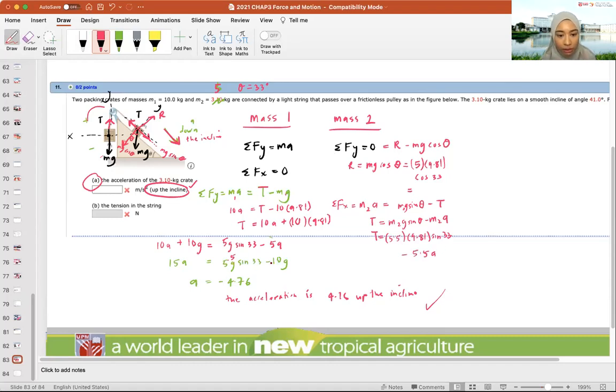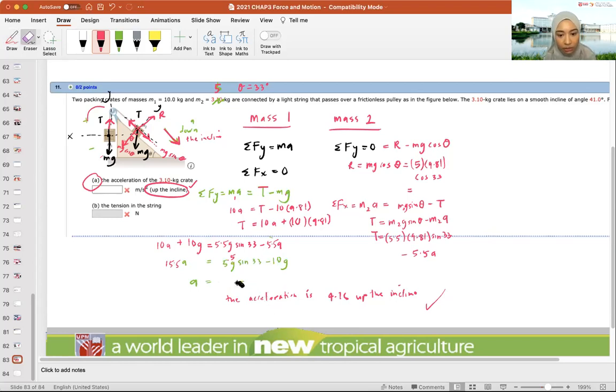Okay, so equating this guy, this will become 10A plus 5.5A, so I have 15.5A here. 10 dengan 5.5 over here, 15.5. 5.5G sine theta minus 10G. So this does not change.